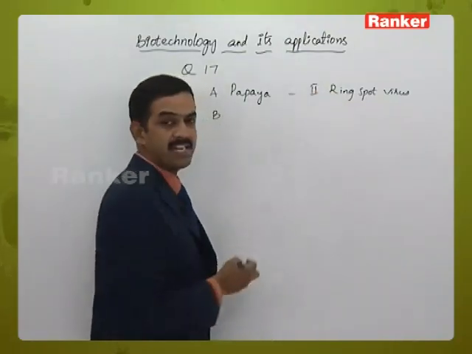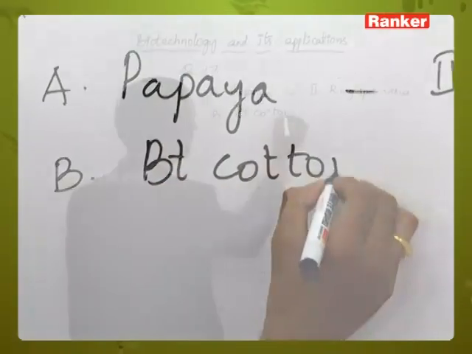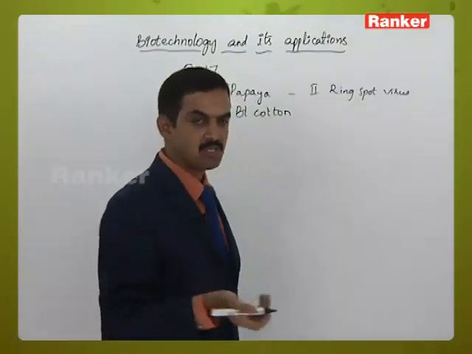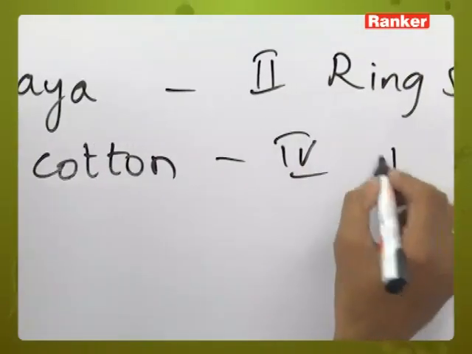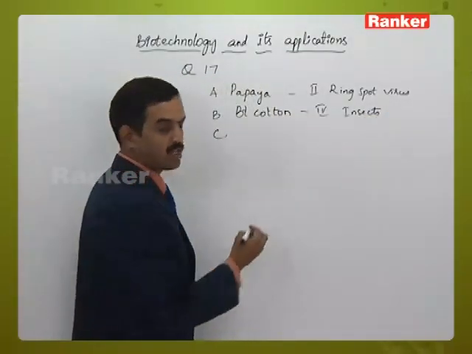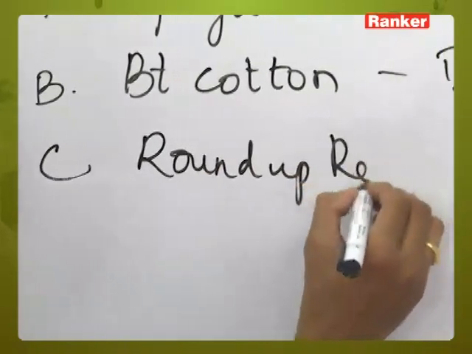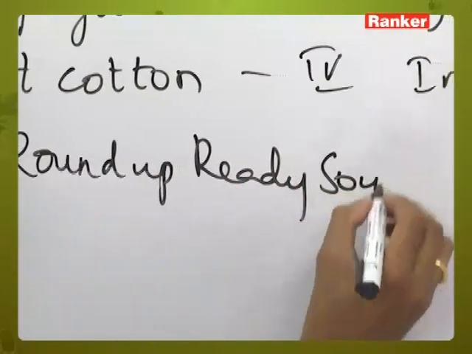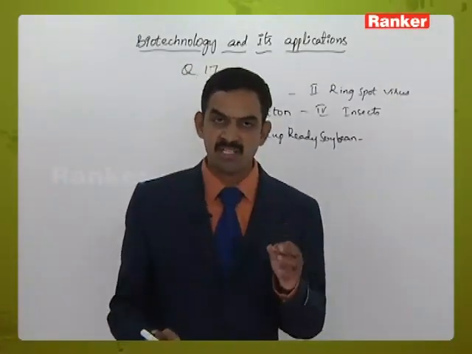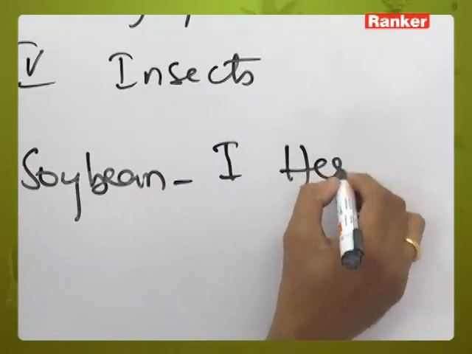Then B is Bt cotton, and we know that Bt cotton is a biopesticide, or we can say it is resistant against insects. So that is Roman number 4, resistance against insects. Then C is the Roundup Ready variety of soybean. This one has resistance to herbicides, that is Roman number 1, herbicides.